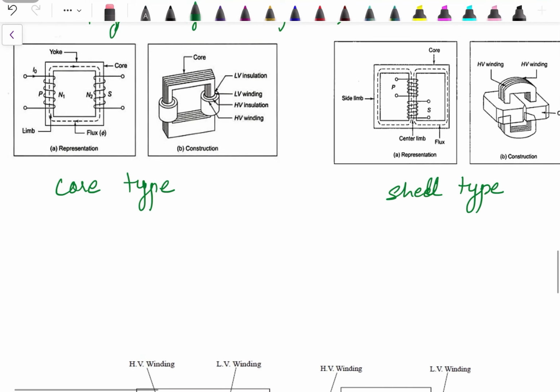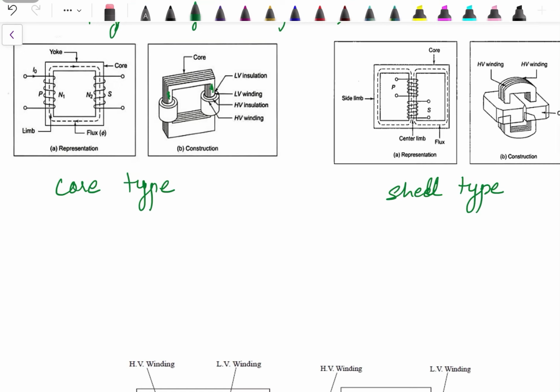In core type, both the low voltage winding as well as the high voltage winding are placed on the outer limbs. So the core is like a rectangle or square made up of thin laminations. These are the thin laminations. The lines show that these are stacked laminations which are stacked all together. It's not a solid part. So these are the two sides which are known as limbs.